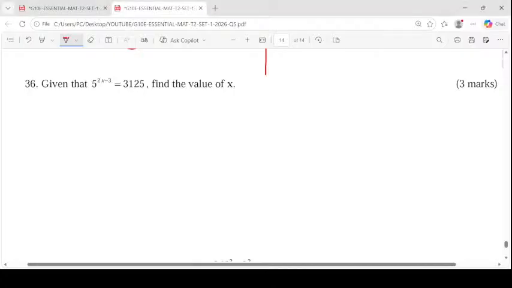Given that 5 power 2x minus 3 is equals to 3125, find the value of x. So this is 5 power 2x minus 3 is equal to 3125. Can it be expressed to base 5? Yes, 3125 can be written as 5 power 5. That should be the starting point.